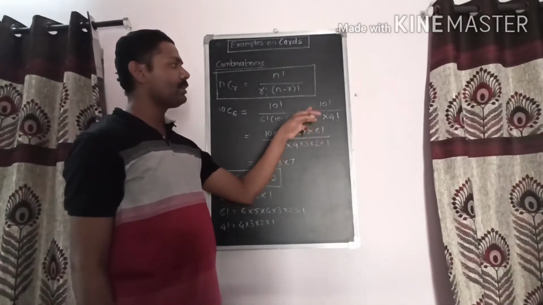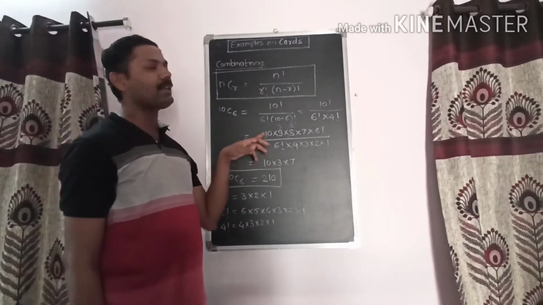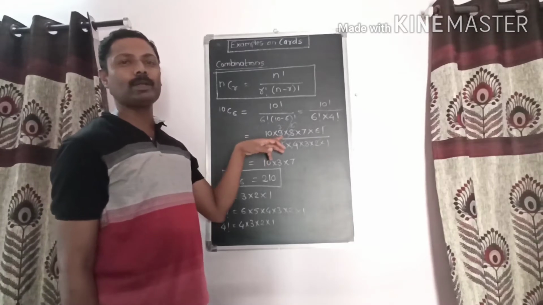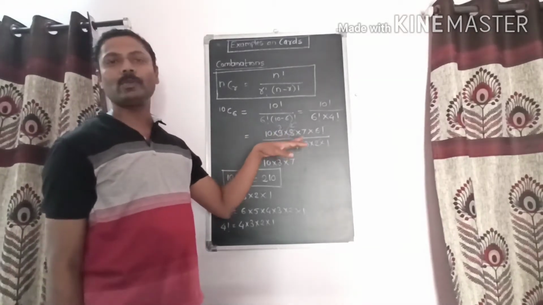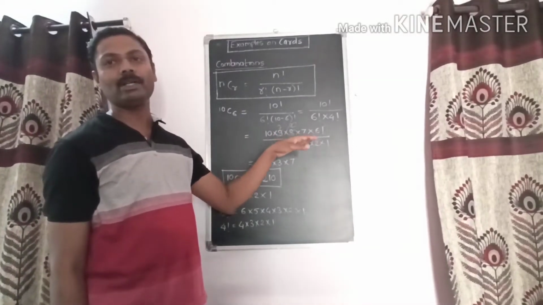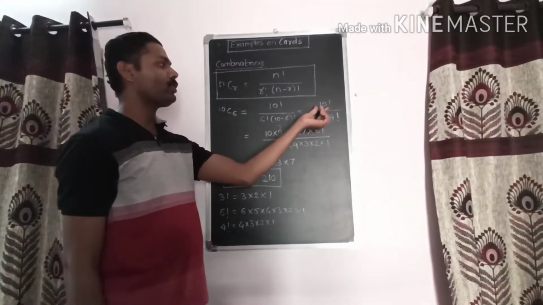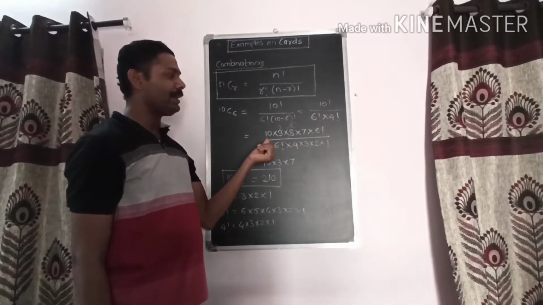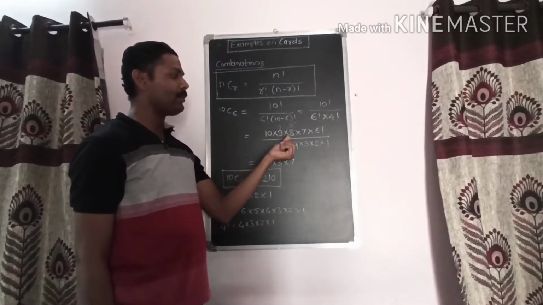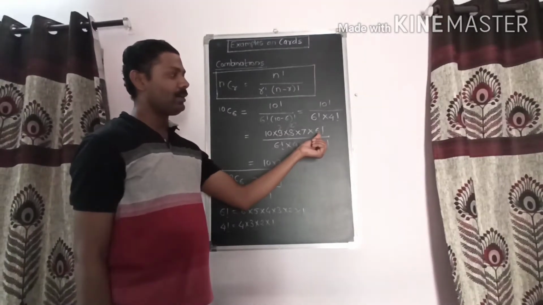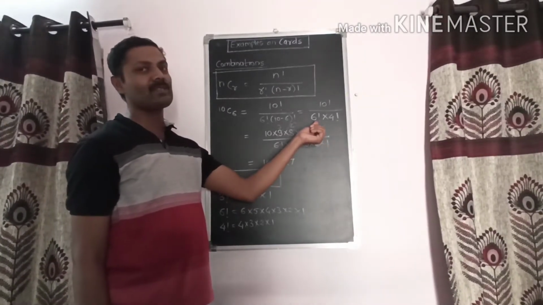How to solve it? 10 factorial means it is 10 multiplied by 9 multiplied by 8 multiplied by 7 multiplied by 6 multiplied by 5 multiplied by 4 multiplied by 3 multiplied by 2 multiplied by 1. Okay, so instead of 10 factorial, we are taking 10 multiplied by 9 multiplied by 8 multiplied by 7 multiplied by 6 up to 6 factorial, because here is 6 factorial.